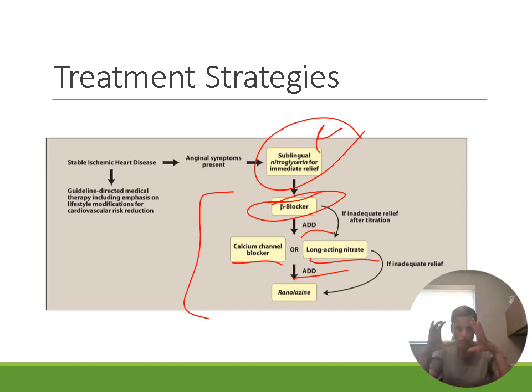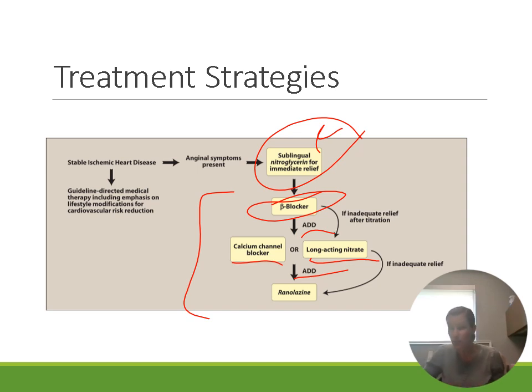So smooth muscle is the muscle that's in the walls of your vessels, right? So decreasing smooth muscle contraction would cause dilation of the vessels. It isn't used much, and it's only in patients who've tried everything else. You've added everything else on, maximized doses, and they're still having angina.